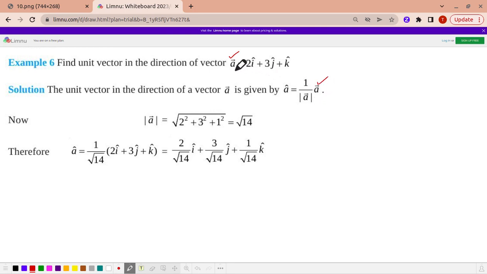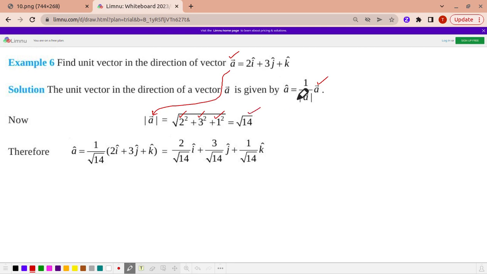As the vector a is given, we can find its magnitude, which is the square root of 2 square plus 3 square plus 1 square, which turns out to be square root of 14.